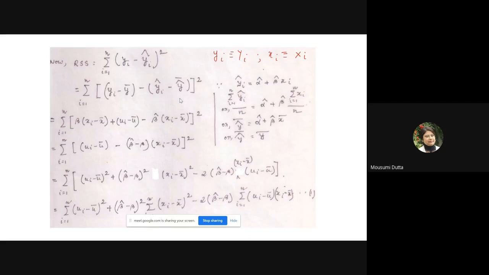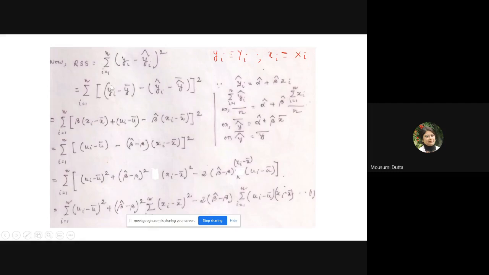Next, I hope you are understanding. I'm replacing both yi minus y bar and yi hat minus y hat bar in terms of the regression. Now yi is equal to alpha plus beta xi plus ui, and y bar is equal to alpha plus beta x bar.